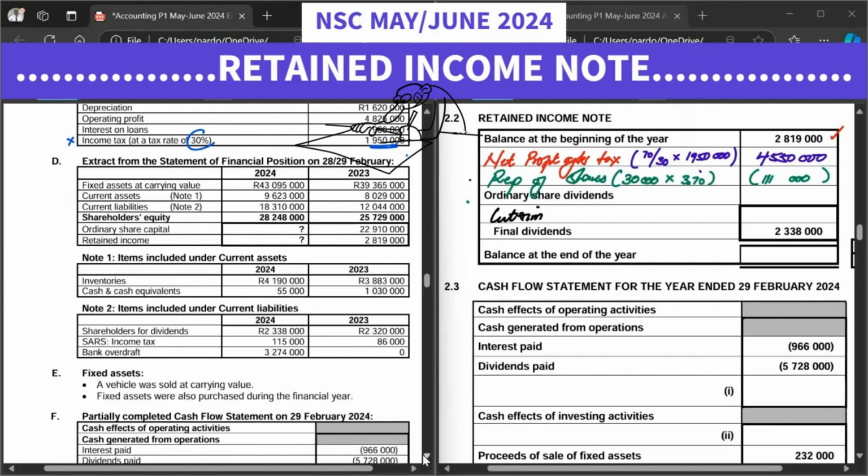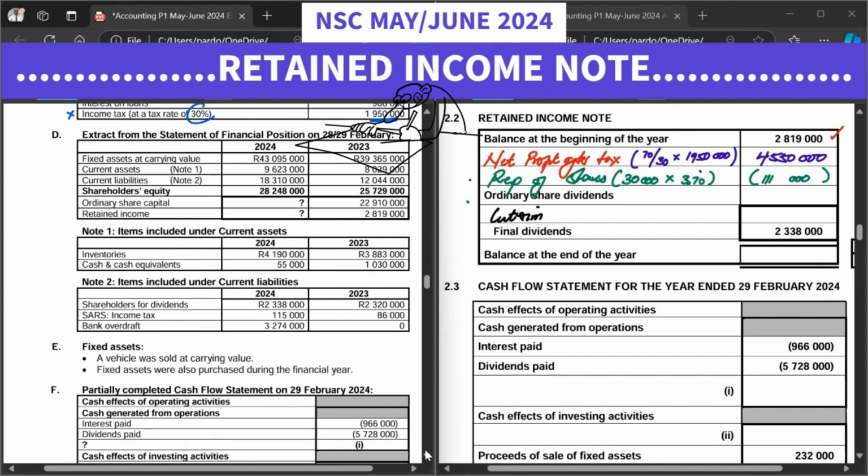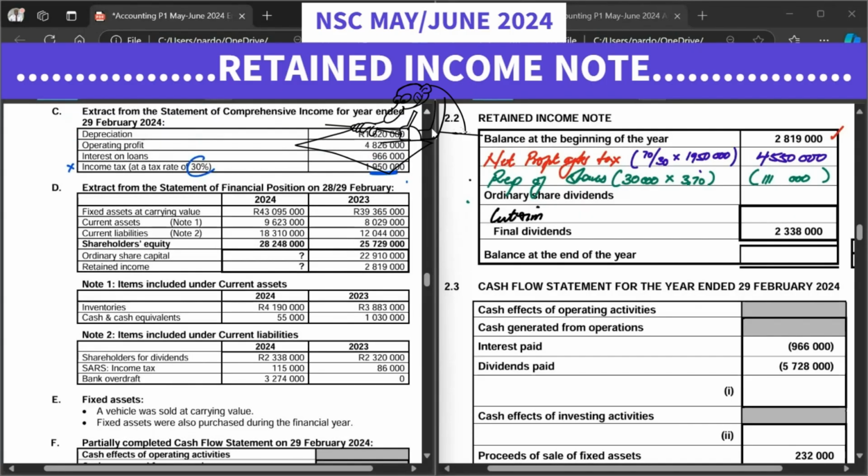All right. And then we can see that over here, I'll use the answer book. In our cash flow statement, we are given dividends paid. And we understand that for us to get dividends paid here, we have added two amounts: last year's final plus this year's interim.